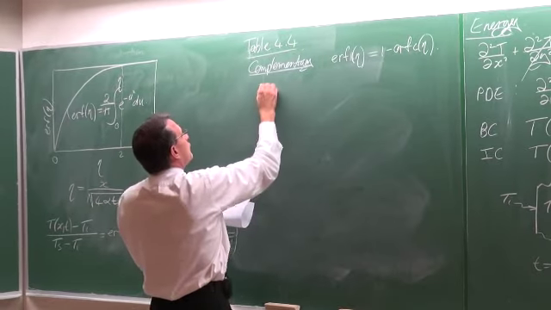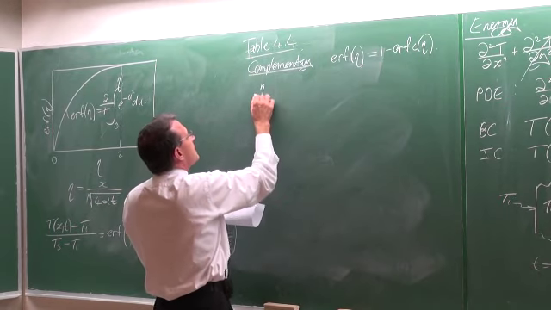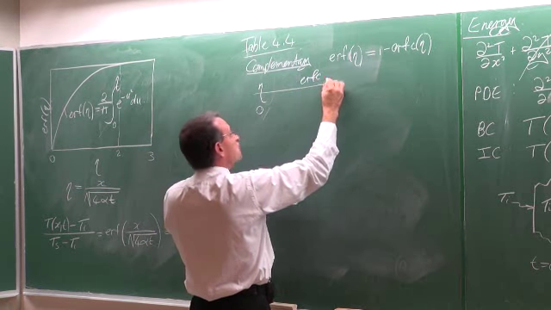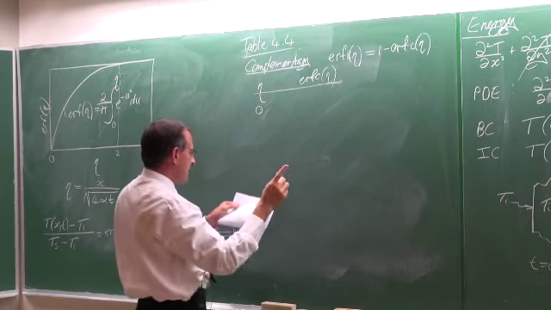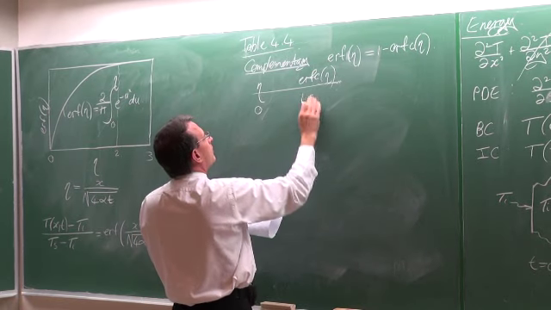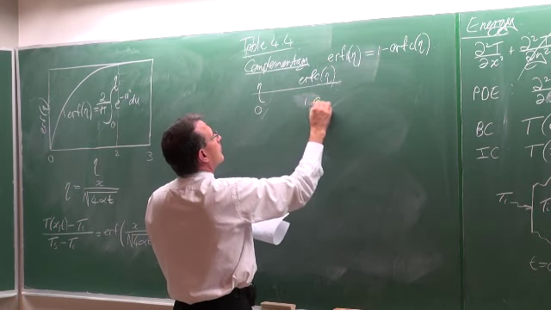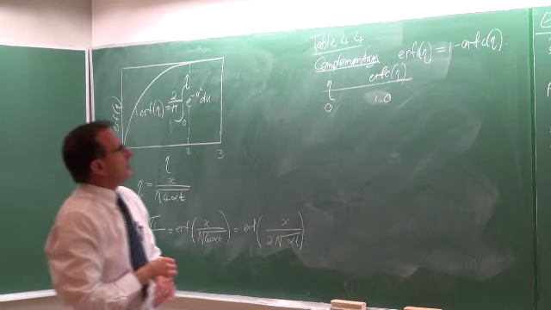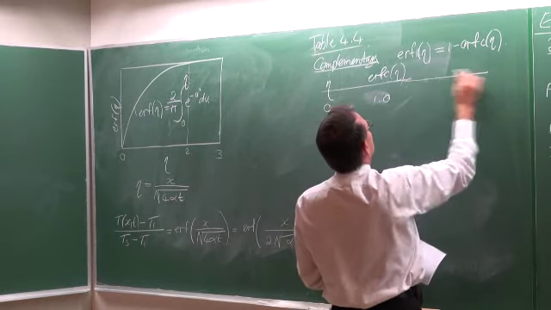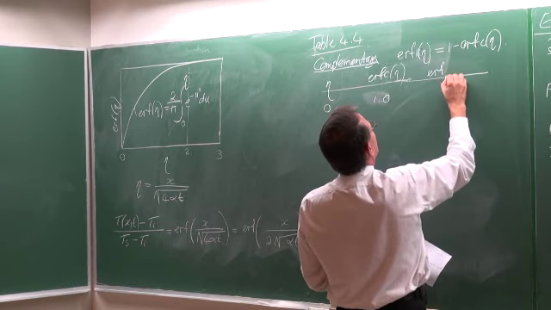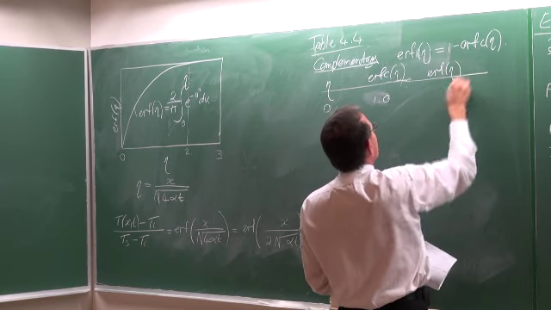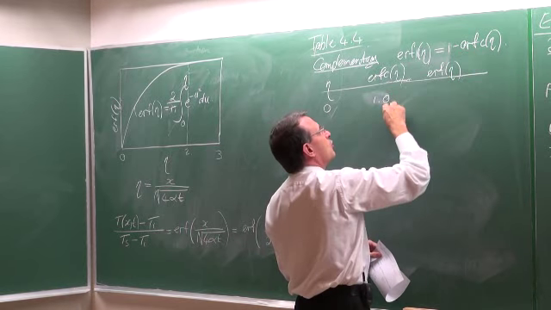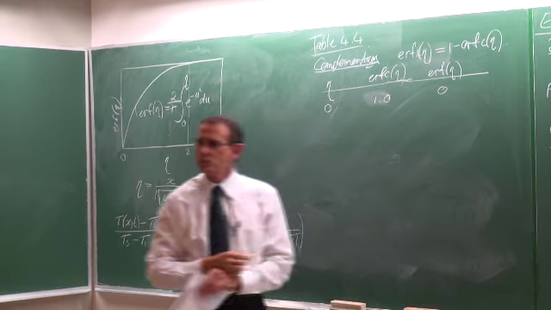So, for eta equal 0, the complementary error function, if you look at the table, would be equal to 1. So, if we want to calculate the error function, then the error function is going to be 1 minus the complementary error function, which is equal to 0.